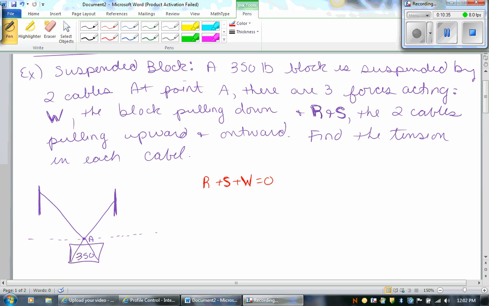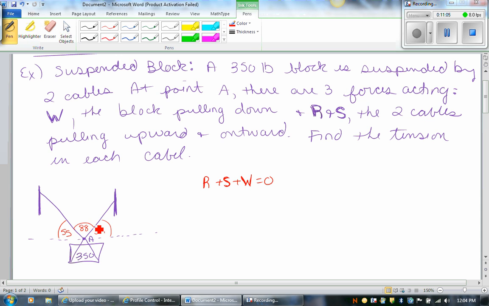So we can express each vector in terms of its magnitude and its direction. There was a little bit more information given to us here. I'm going to let you know that this angle here is 55 degrees and this angle here is 37, which would make this angle here 88.